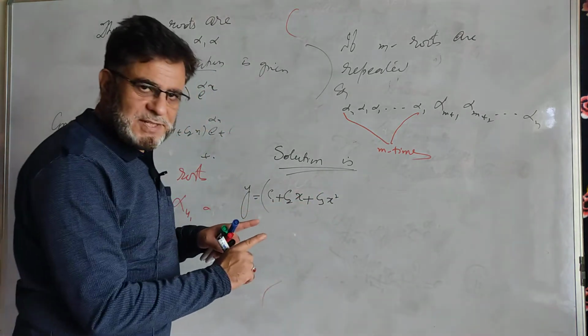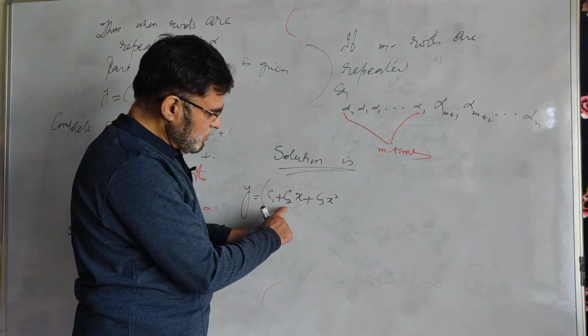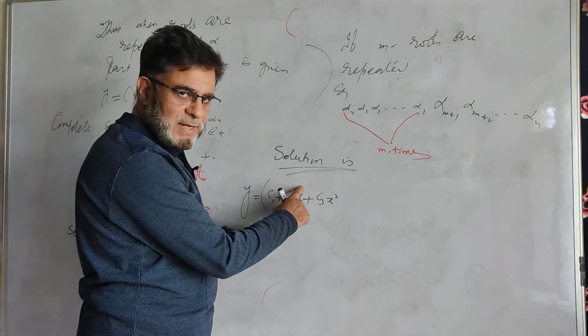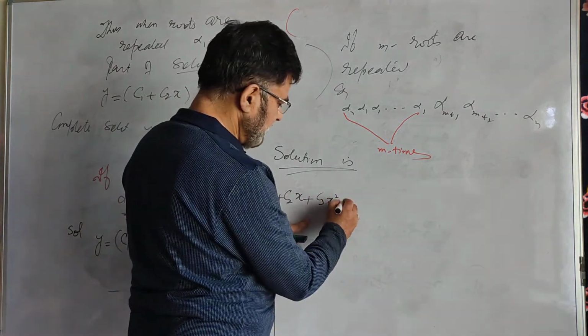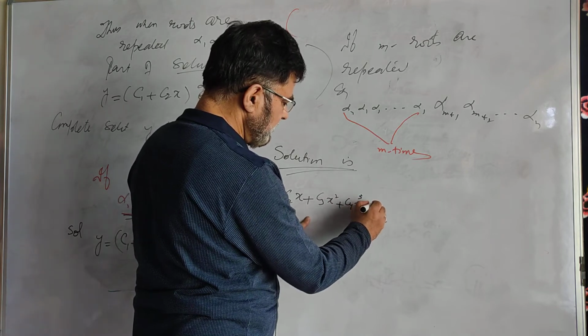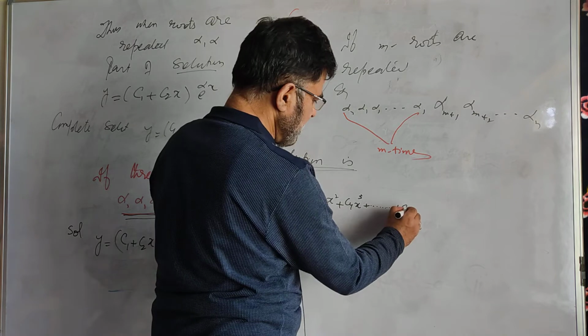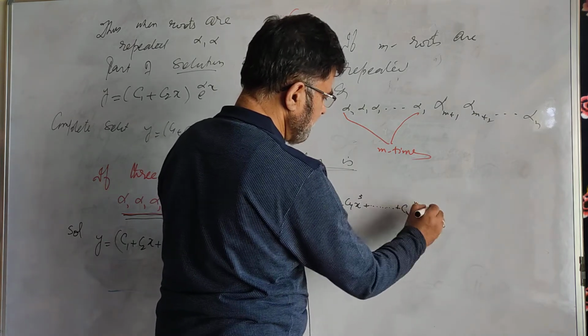You see what is the relation between this constant and the power here? It is c2 here, it is 1 less, 2 minus 1. It is c3, it is 1 less, 3 minus 1. Then you have c4 x cube. What will be for m? cm x raised to power m minus 1.